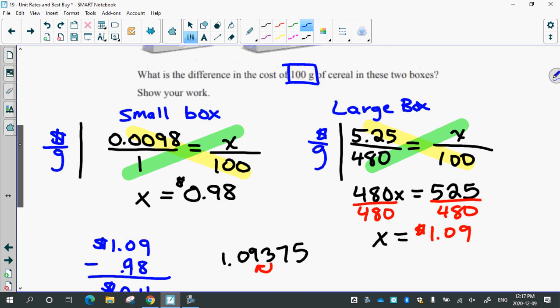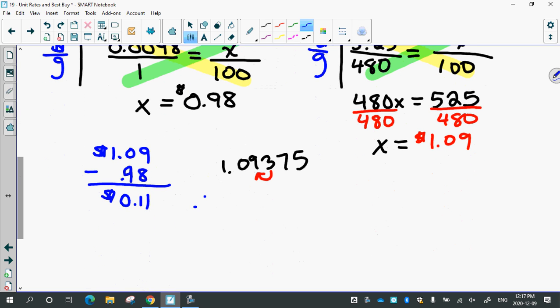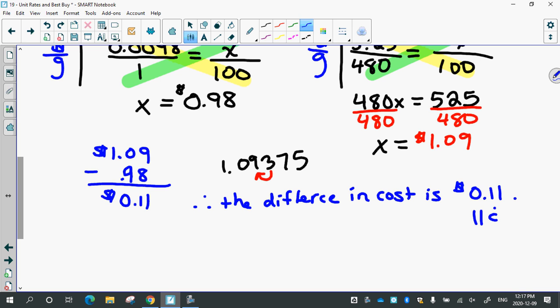Make sure we answer the question. What is the difference in the cost? Therefore, the difference in cost is 11 cents. So you can do it with the dollars, or you could have written 11 cents like that. Either one would be fine. Okay.